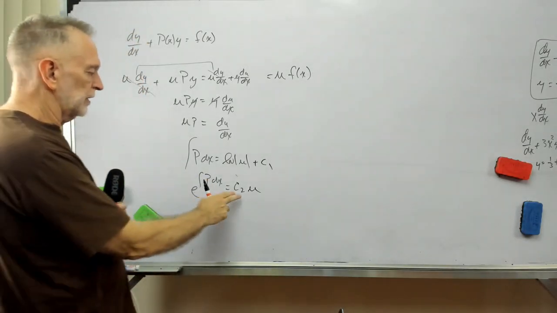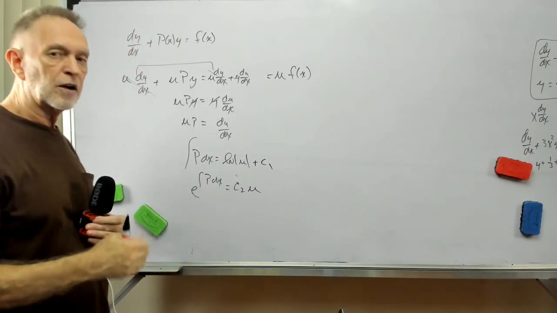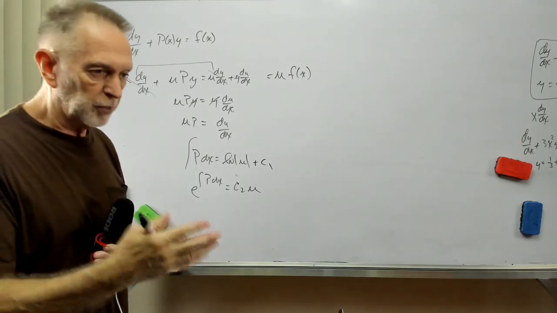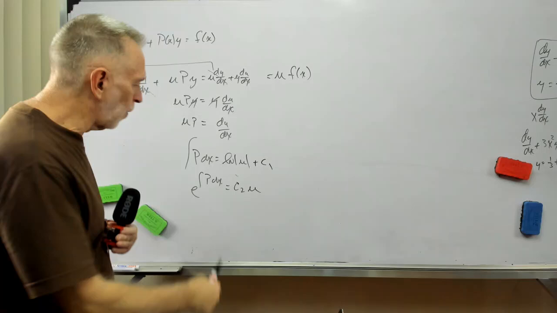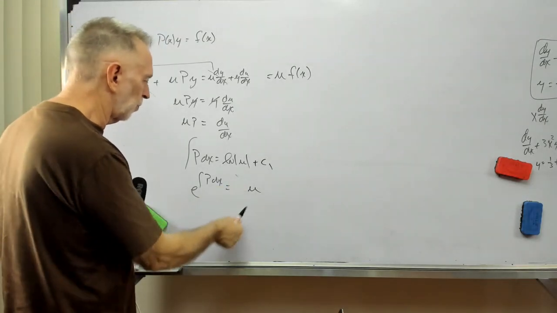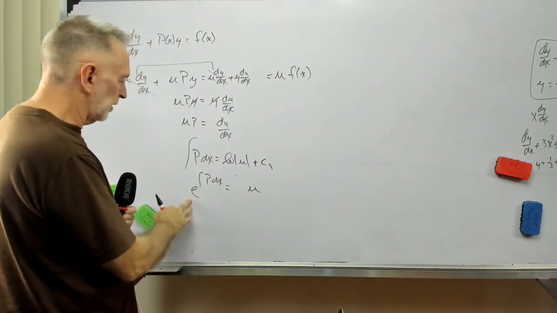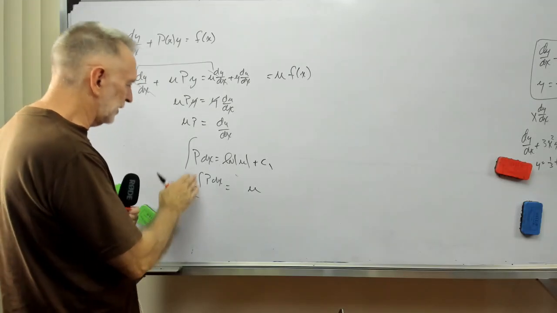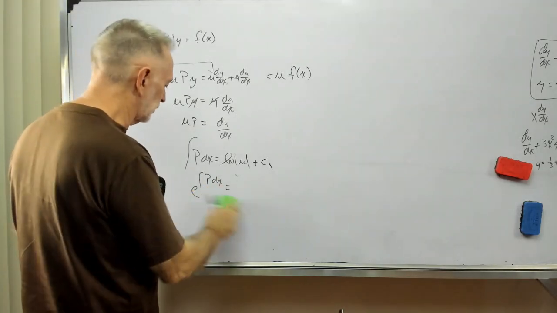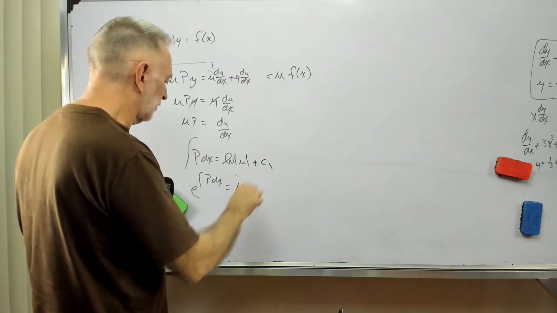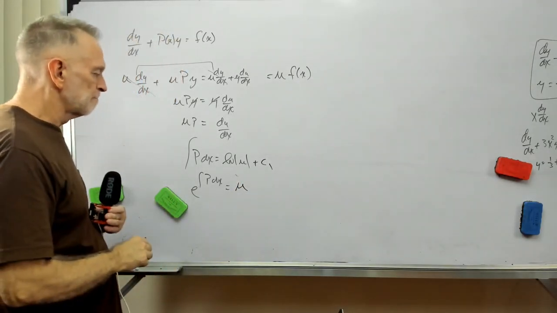Now the author said you could calculate what that constant of integration is for every problem, but for our needs assume it to be 1. So c2 is 1. So e to the integral of p dx equals u, this integrating factor.